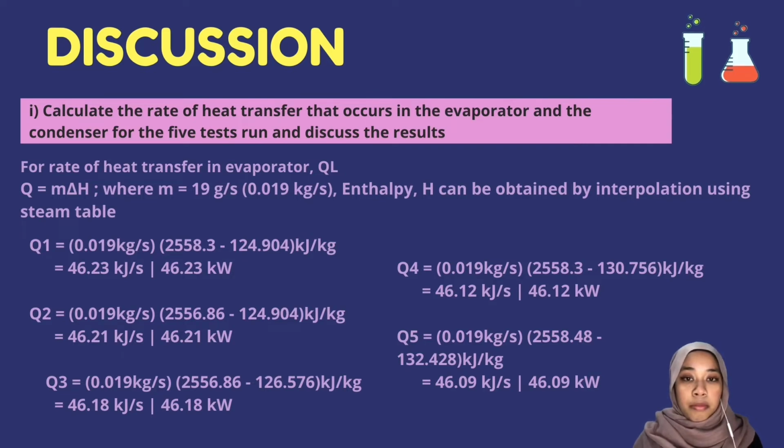And for the enthalpy, we can get it by doing interpolation based on T1 and T2 of every test using the steam table. So here we can see how QL for every test will be gained.